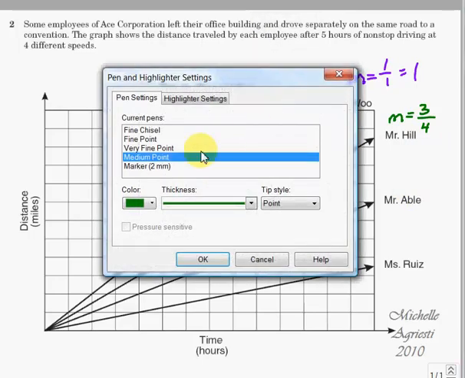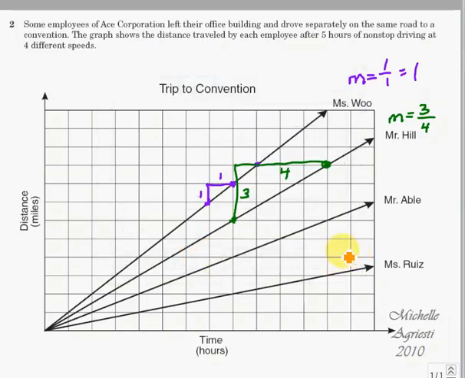Next, let's look at Mr. Abel. Here's a nice spot, and here's 1. So my rise is 1, and my run is 2. So his slope is 1 over 2.